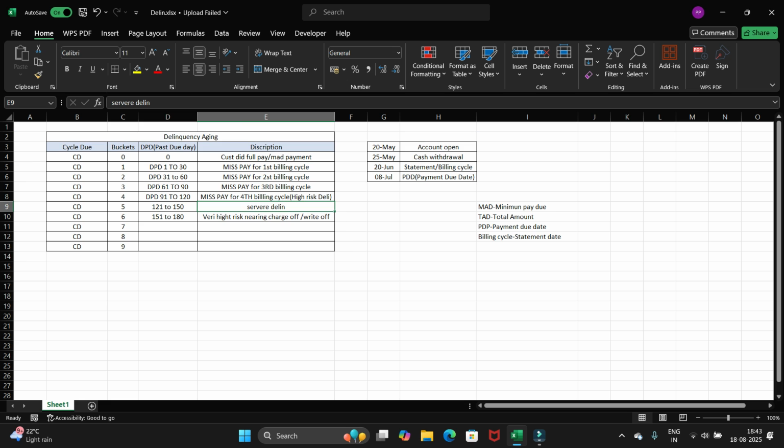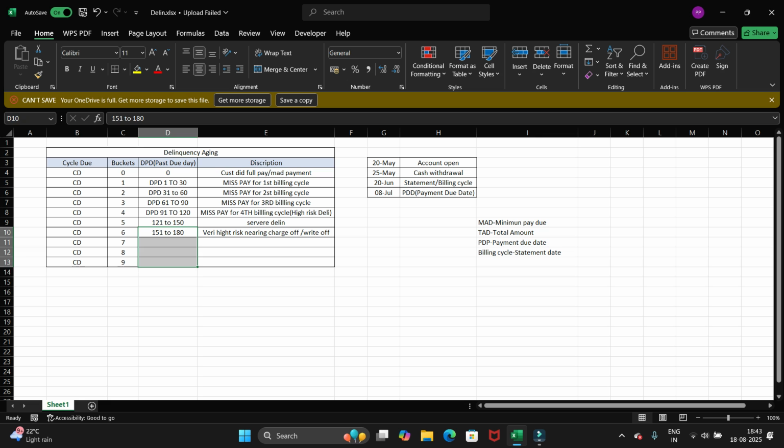So if the account is in CD5, that means the customer did not pay till the fifth cycle. For CD6 to CD9, the account is considered a loss for these three CDs after 7, and it will be marked as in collection.